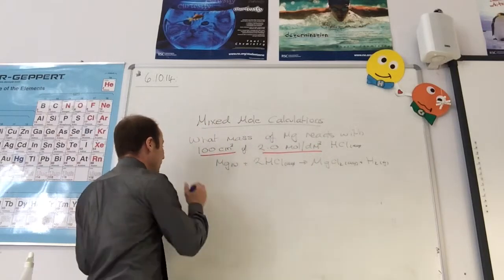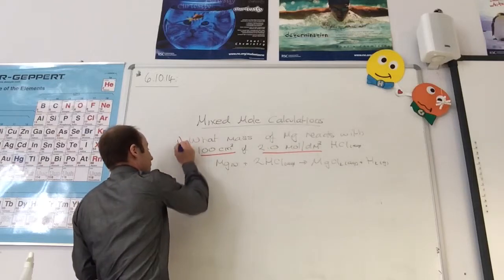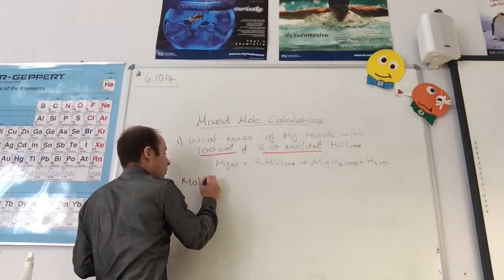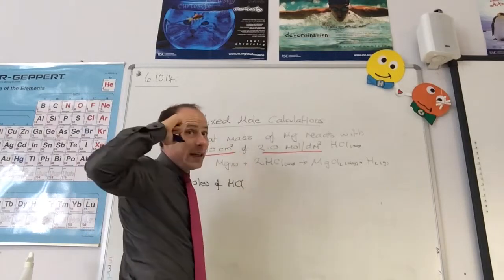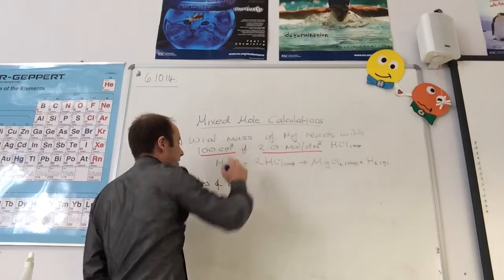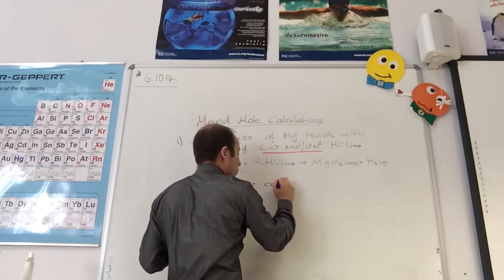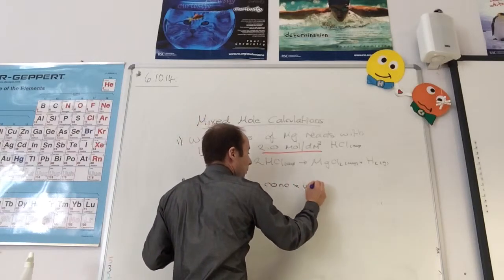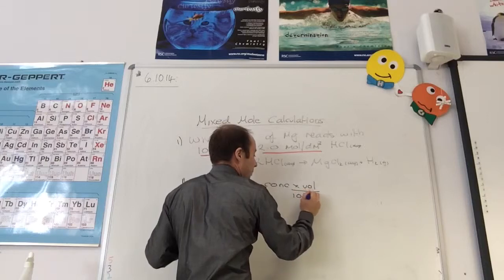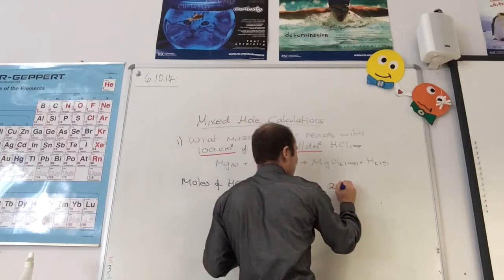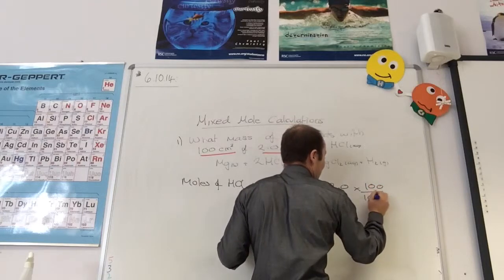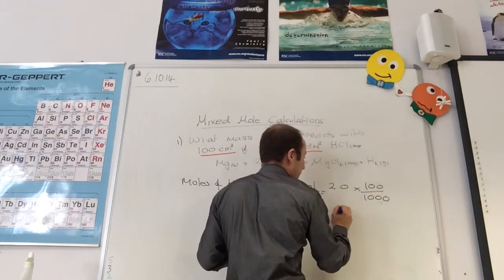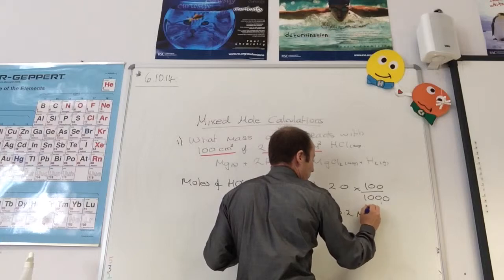So the first thing I'm going to do is work out my moles of HCl. HCl is a solution, so it's concentration times volume over 1,000, which is 2.0 times 100 over 1,000, which gives me 0.2 moles.